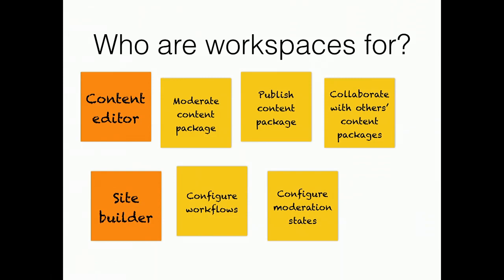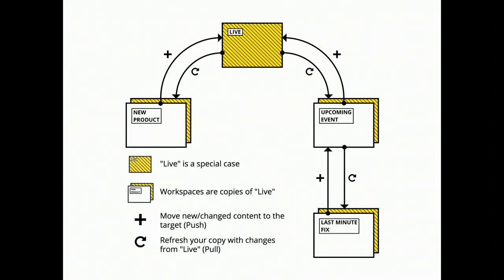So what is a workspace? How does it work? There's a mental model here. A workspace is a collection of content, right? So you have the live workspace, which is the workspace that you see when you visit the site, the anonymous visitors coming to your site. But then your editorial team can create new workspaces. In a particular workspace, they might work on adding a new product with additional media, and so on and so forth.